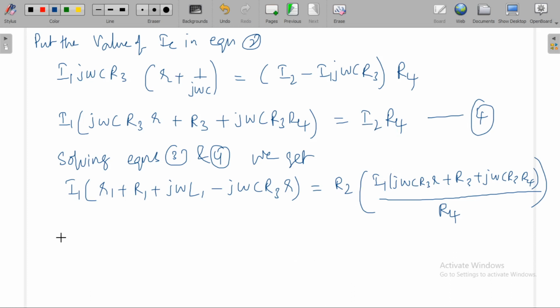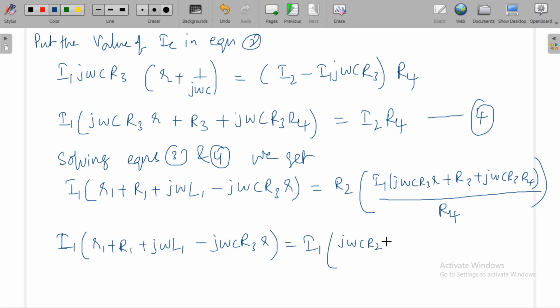Then you are going to get I1 into R1 plus R, plus j omega L1 minus j omega c R3 R, which is equal to I1 into j omega c R2 R3 R by R4 plus R2 R3 by R4 plus j omega c R2 R3.